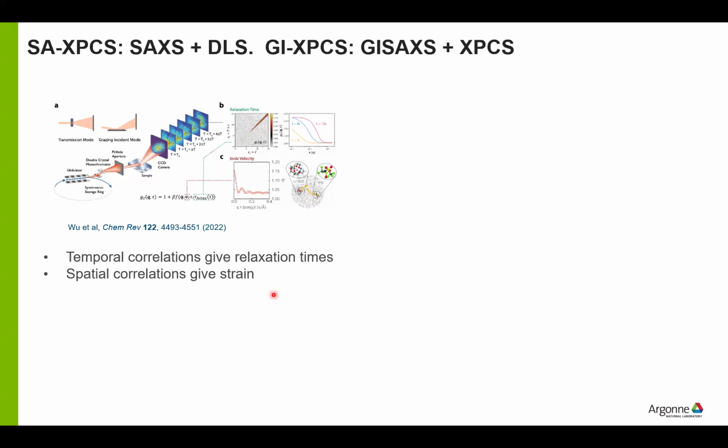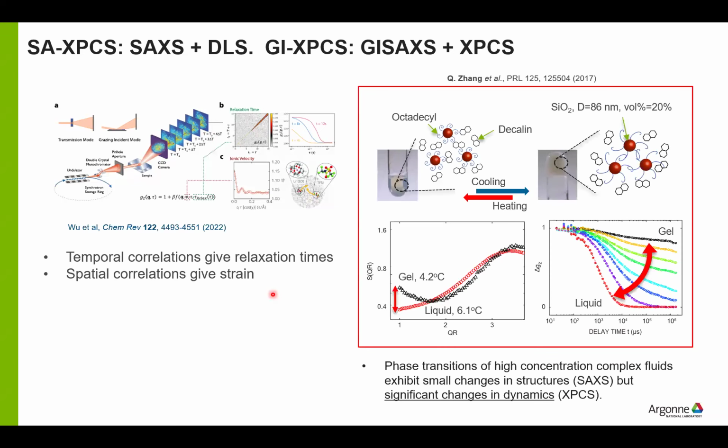the sample is undergoing. And here's an example from transmission small angle XPCS, showing how for a complex fluid, as you heat and cool the sample, there might be a kind of modest change in the overall scattering pattern observed incoherently.